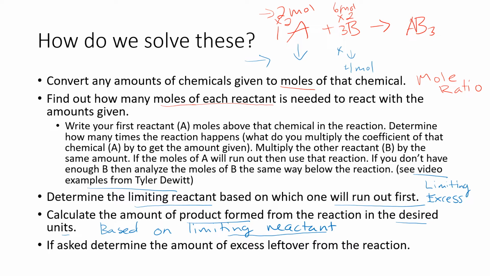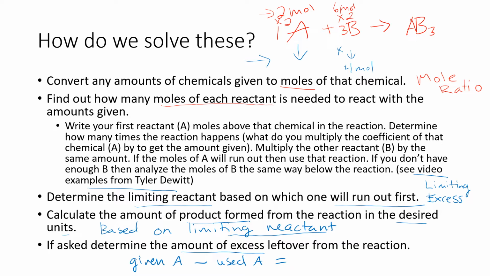And then if asked, sometimes they ask about the amount of excess left over from the reaction, we're going to calculate that. That is always your given amount of that chemical. So in our reaction, say chemical A is in excess. Then we're going to take our given amount of A, subtract how much we used of chemical A, and get how much is left over.